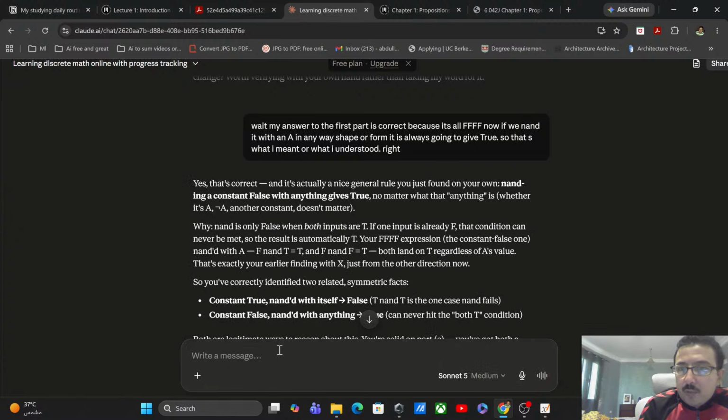Or you just found a constant. Anything gives true, whatever that anything is, so it doesn't matter. Only false inputs are true. If one input is false, that condition can never be met, so the result is automatically T. Constant.